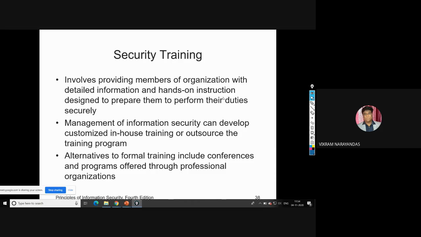They may conduct awareness programs in-house or outsource them to educate and train the employees on how to perform their duties securely. Alternatives to formal training include conferences and programs offered through professional organizations.